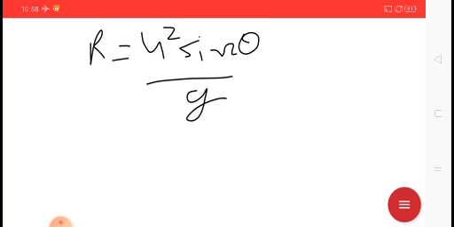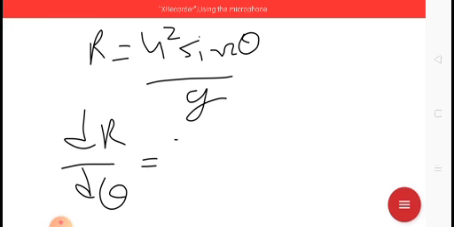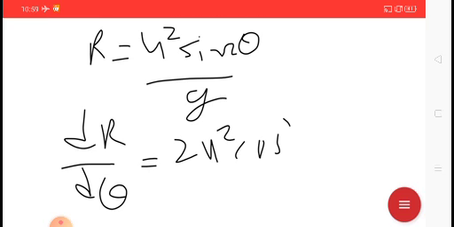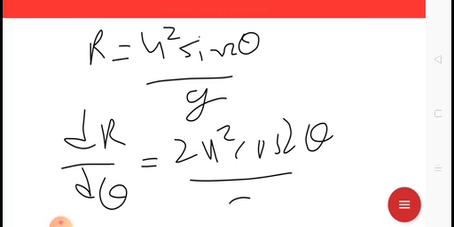And if you want to find the maximum range, okay, so that you need what angle you need to project at in order to achieve the maximum range, right? So you need to differentiate. dR/d theta will be equal to 2u square cos 2 theta over g. So if you want to get the maximum, this one you put 0.